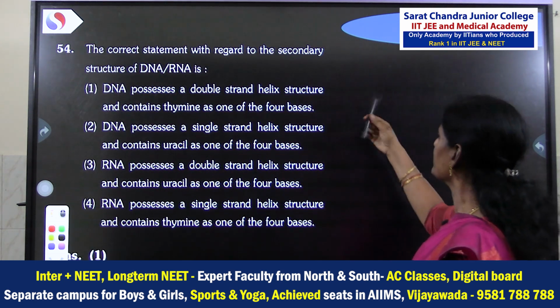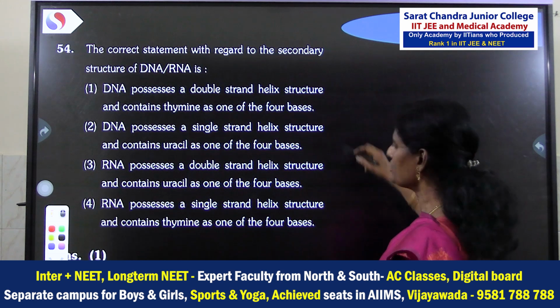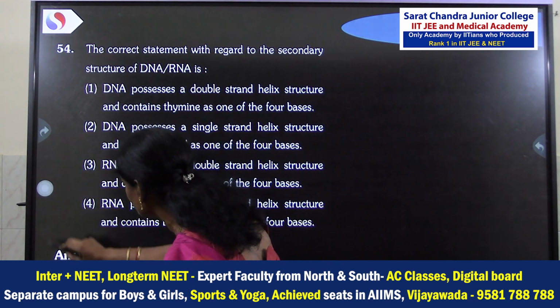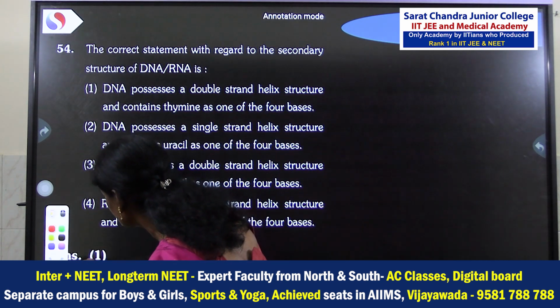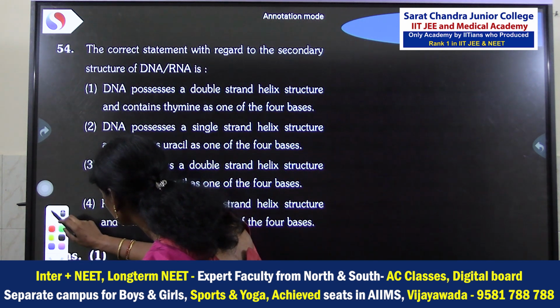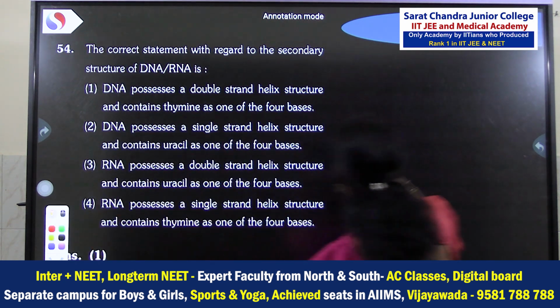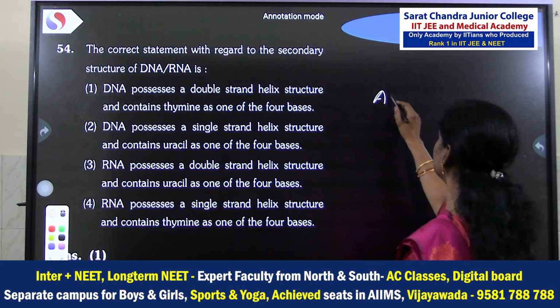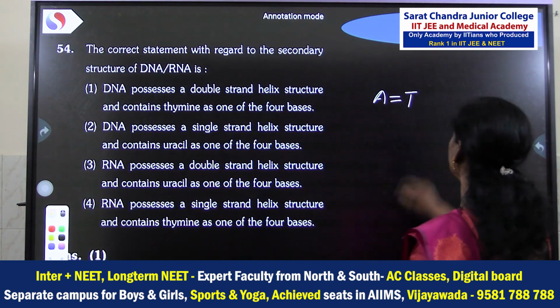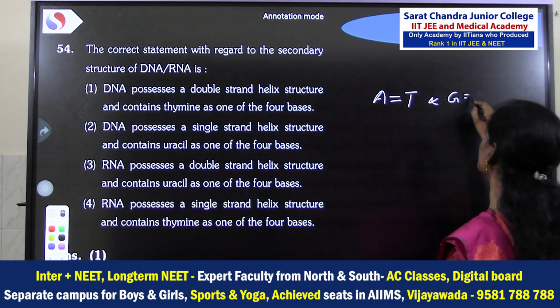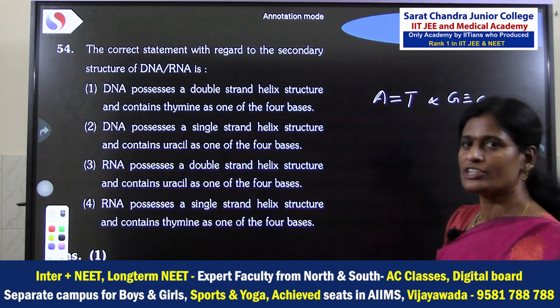So ATGC. In DNA, the base pairs are adenine with thymine, and guanine with cytosine, in a double strand helix structure.